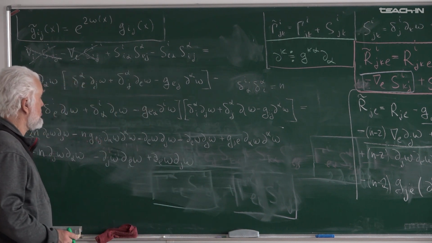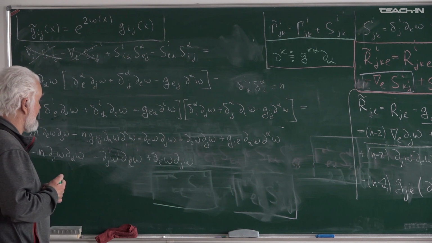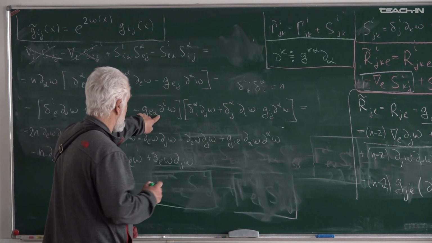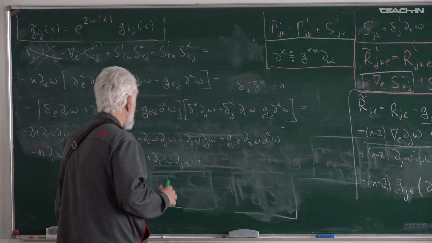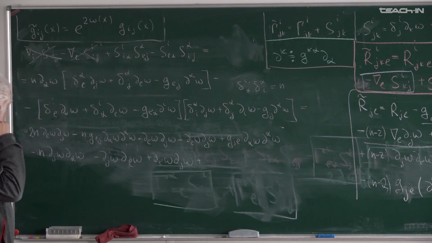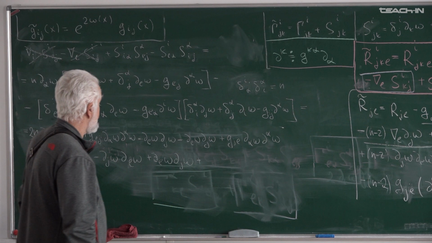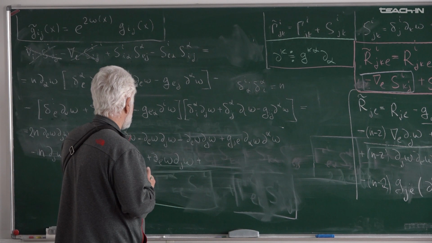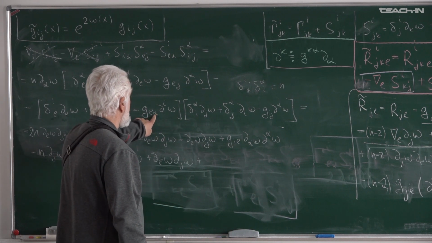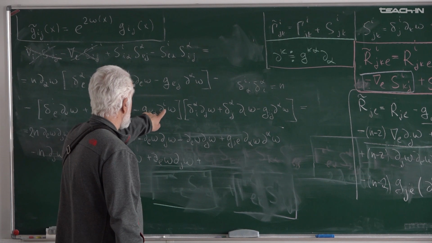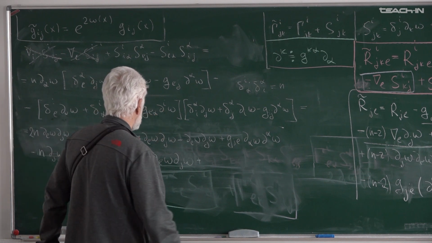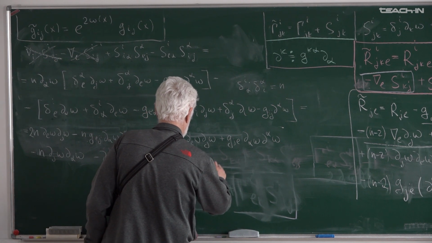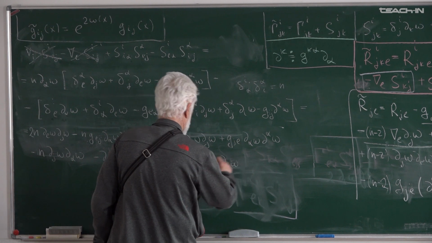J omega. And now let's calculate this term. Plus first of all, we sum by alpha, obtain GLI, DI, DL omega, DG omega. Omega.